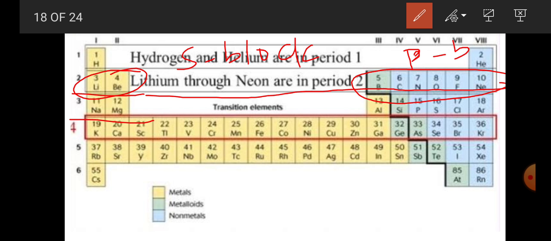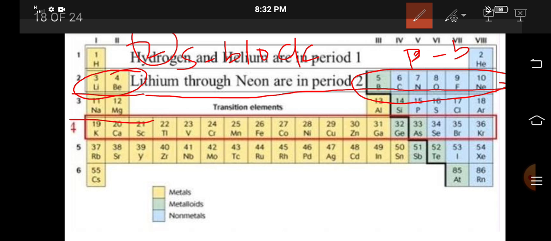So we can say that in the period second and third, 8 representative elements means that the 2 are the S block elements and 6 are the P block elements.